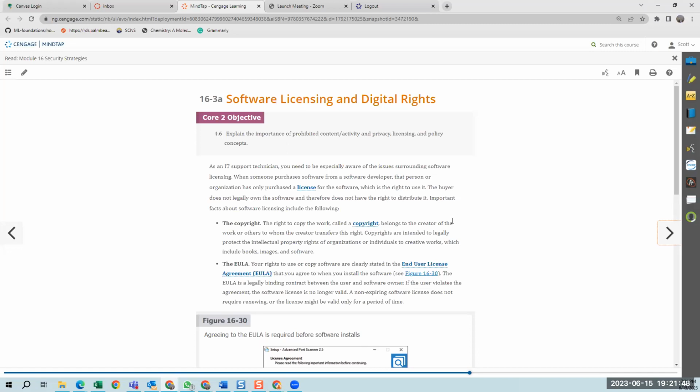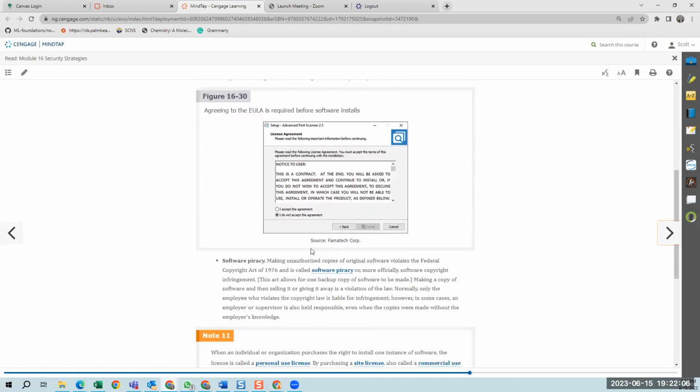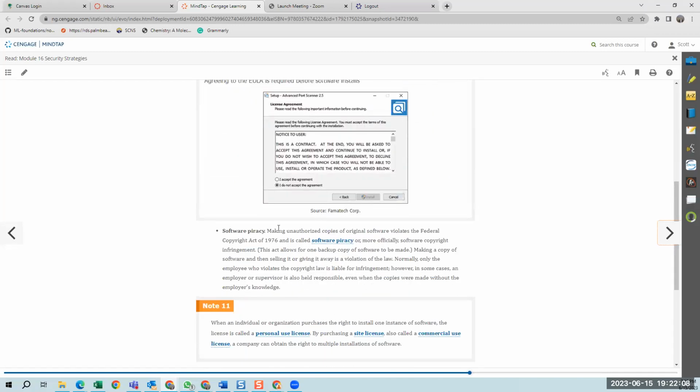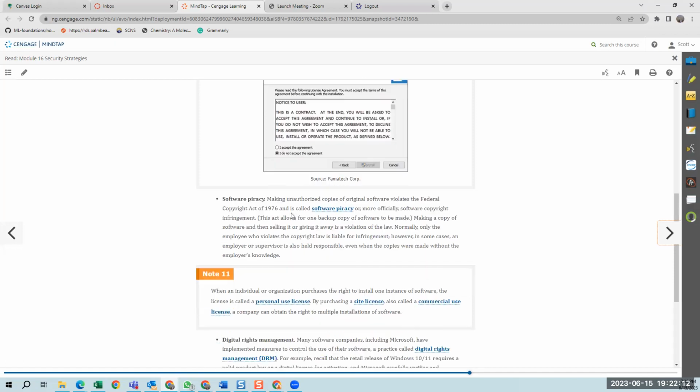I swear that when I scroll down in my mind, I'm just saying, yeah, whatever. Let's just get through this. And it's there for a reason. And we've got to make sure that we're covered. If we don't agree to it, we can't use the software.